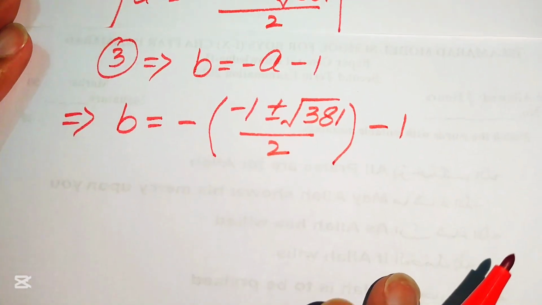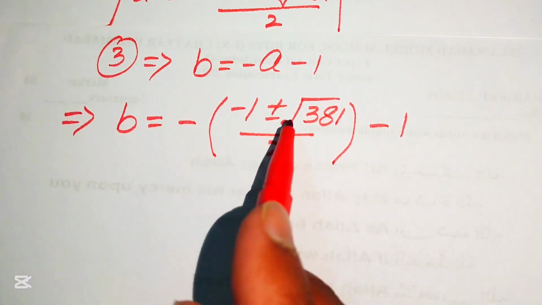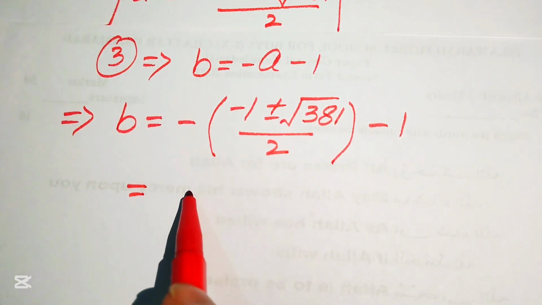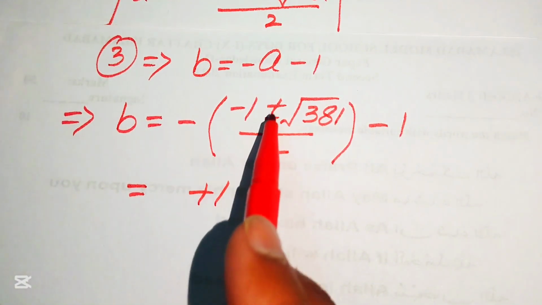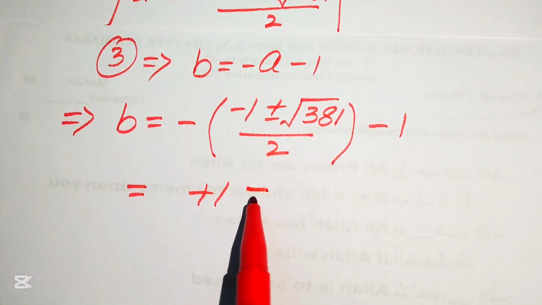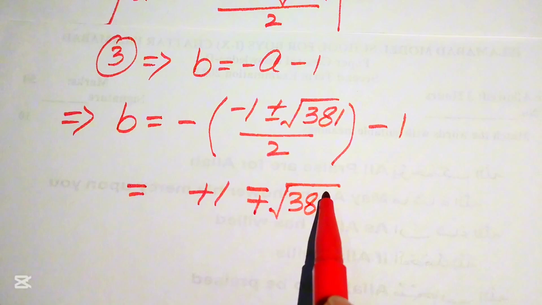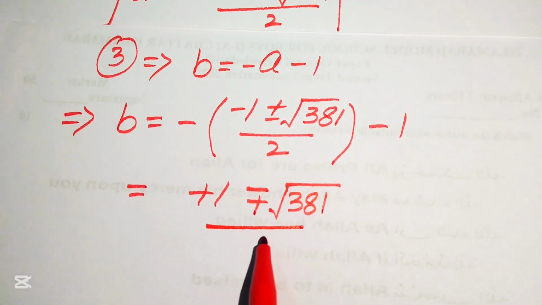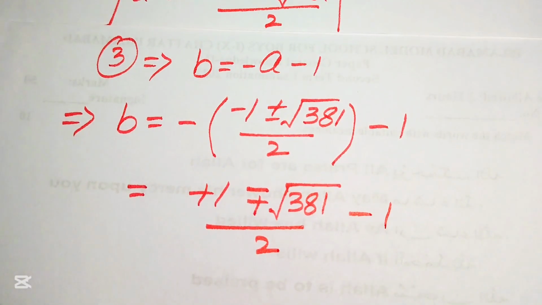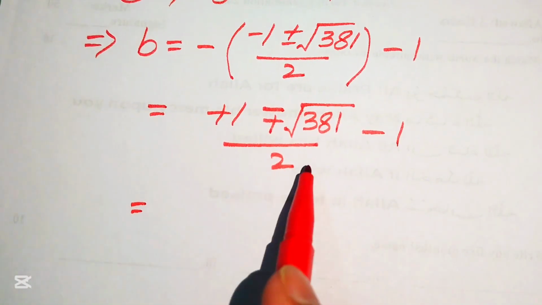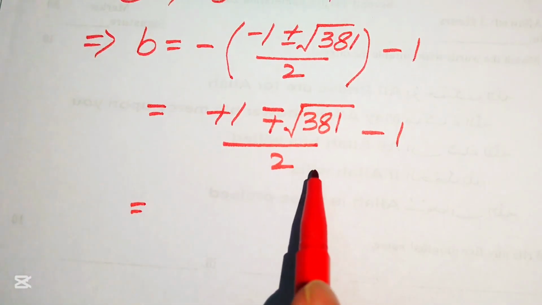So here when you multiply this negative sign on these two terms, minus times minus becomes plus 1, and this plus-minus will be written as minus-plus, into square root of 381, and it is divided by 2, minus 1. Okay, so here we need to take the LCM of this term.